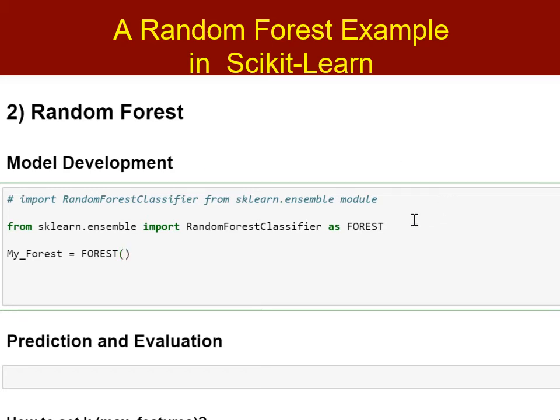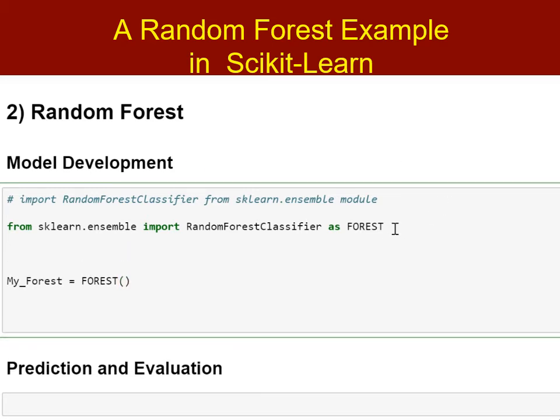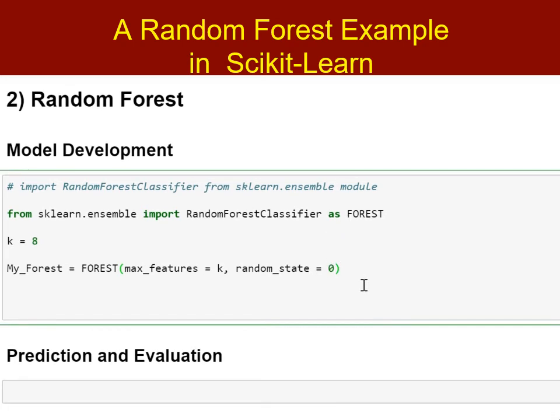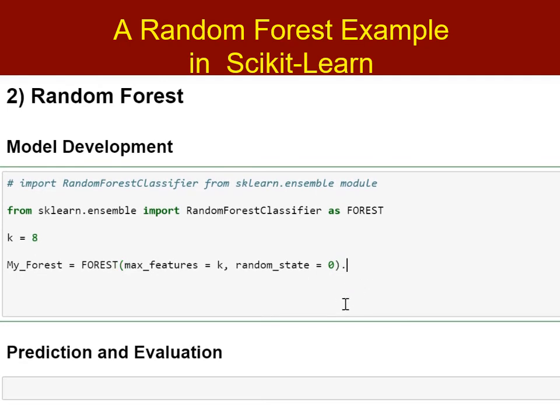So before we do that, we can specify the number of features, or k, that we want to use here. So k equal to, for example, 8. And then here I'm going to say that max features equal to k, which is 8 now, and also random state equal to 0, so all of us would get the same result. Okay, we can also fit our algorithm on the same line.